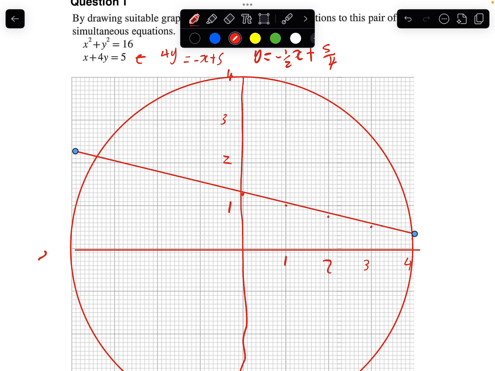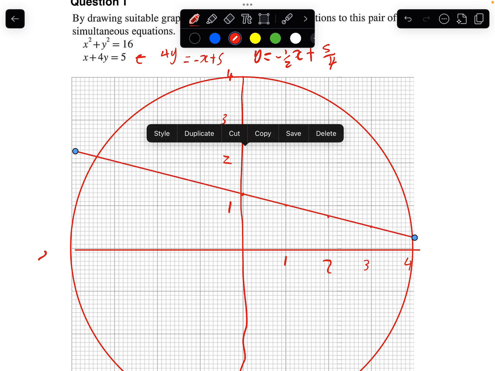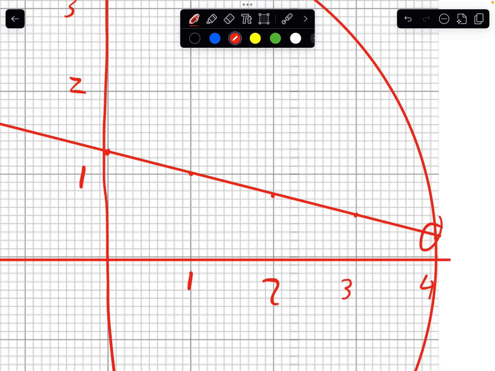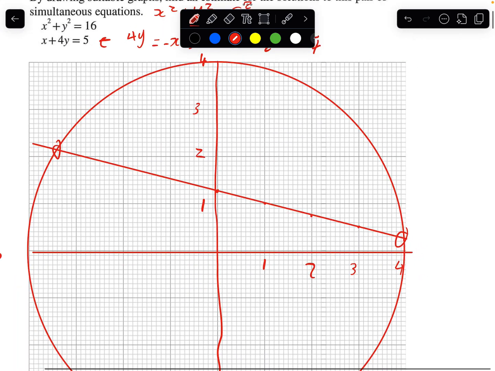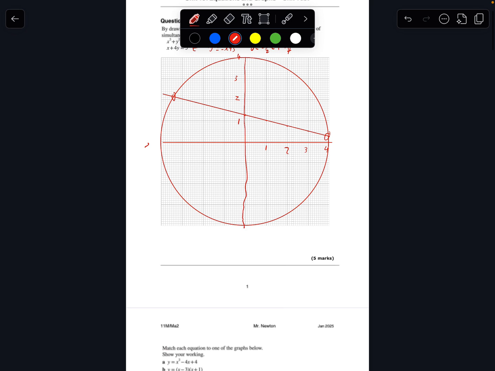And now I've got 2 intersections here that I can just write down the values of. That to me looks like 4, 0.25. So my first one I'm going to write down as x is 4, y is 0.25. Once again, you can get a range of values, so that's not a problem. I shouldn't write those as coordinates, obviously, because these are solutions, not necessarily coordinates.